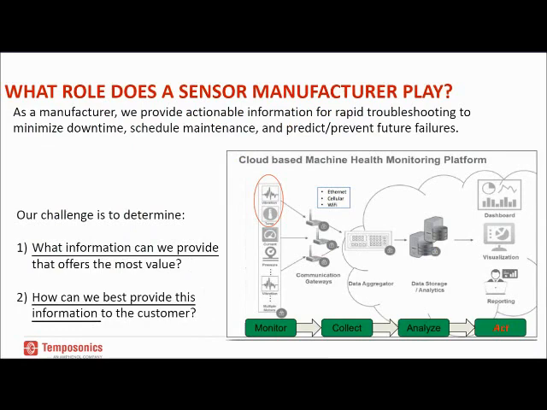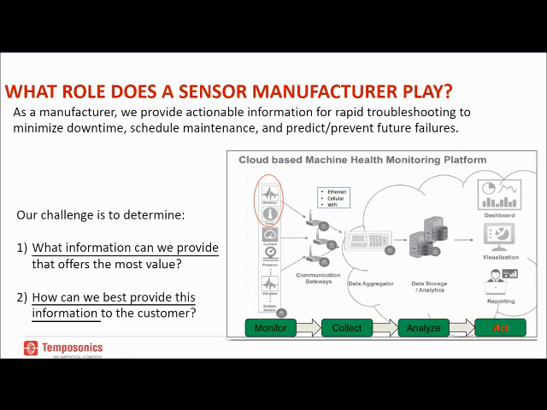So, as manufacturers of sensors, what role do we play in this market where people are looking for this unique data from these smart sensors? Well, as manufacturers, we have to provide actionable information for rapid troubleshooting to minimize the downtime, to help people schedule maintenance, and also to prevent failures in the field.